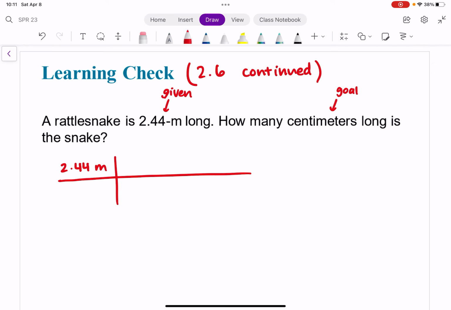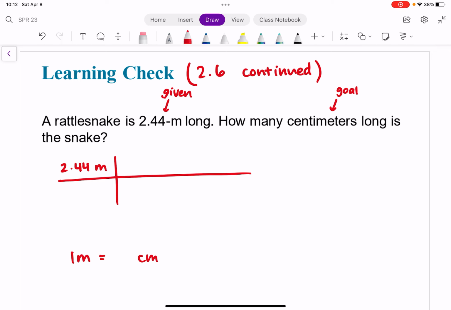So what's the equality that we know between meters and centimeters? Well, which one is our bigger unit, meters or centimeters? Yeah, meters are bigger. So let's try to figure out how many centimeters are in 1 meter. So what goes in that box there?